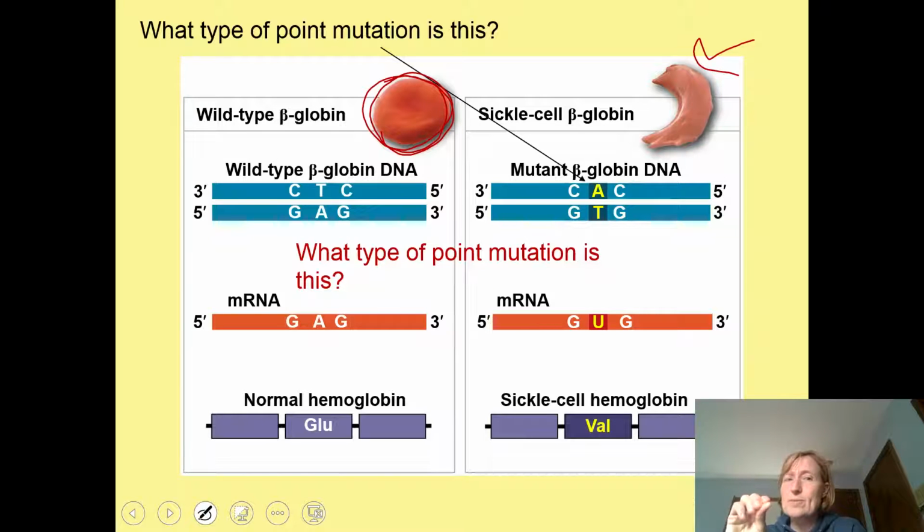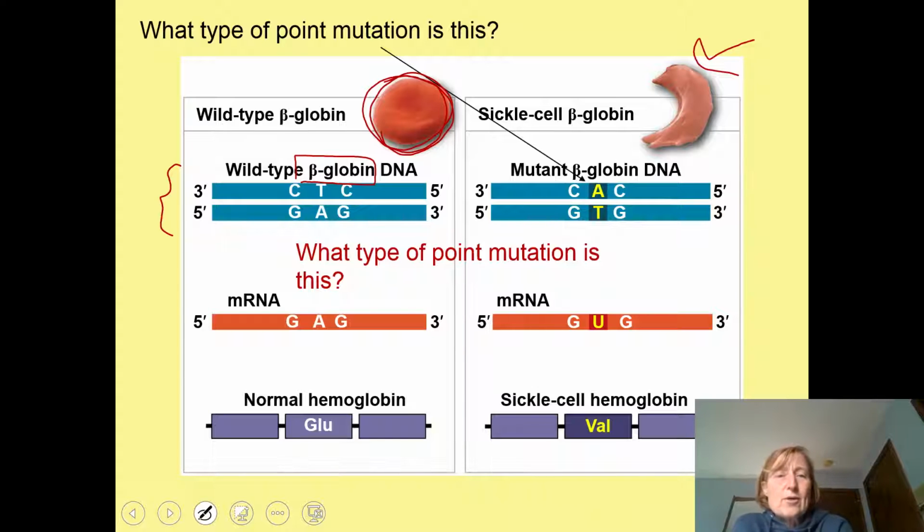And here's the problem. There's a point mutation in one of their genes, the beta-globin gene, okay? And we've got the wild type, or this is kind of the normal version of the gene. And of course, we're not showing the whole gene. We're only showing 3 nucleotides in this whole gene.